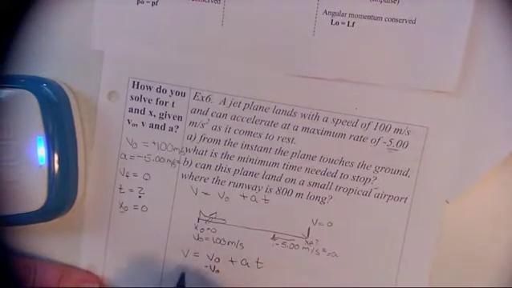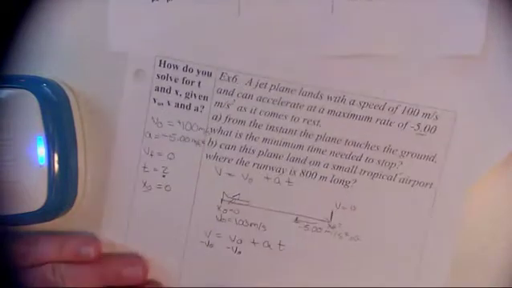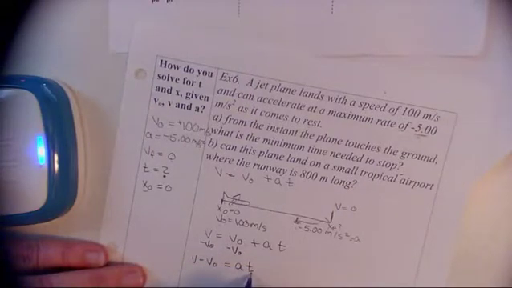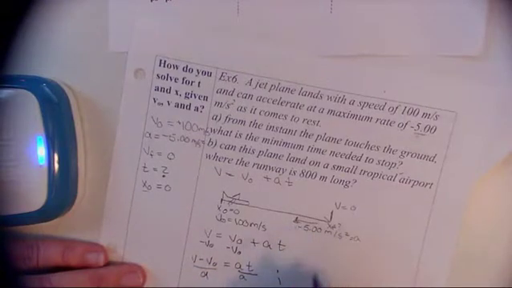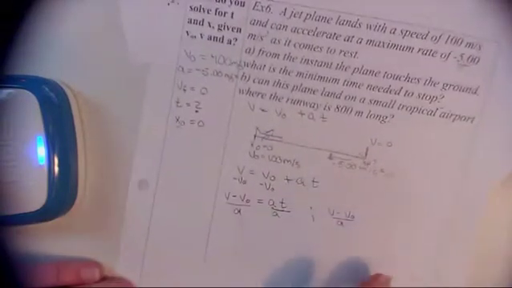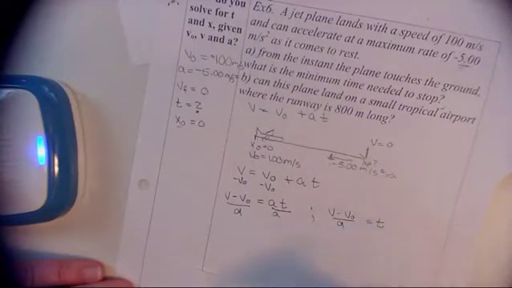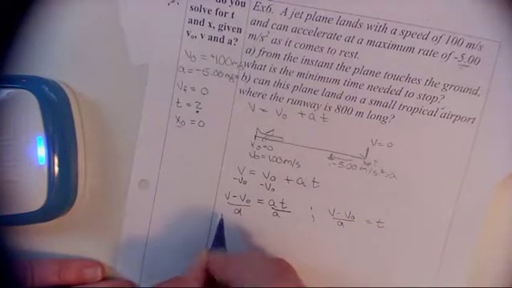Subtract my V naught from both sides, I get V minus V naught equals AT. I want to solve for t, guys, so I'm going to divide by A, and my new equation is V final minus V initial, divided by acceleration, equals time.